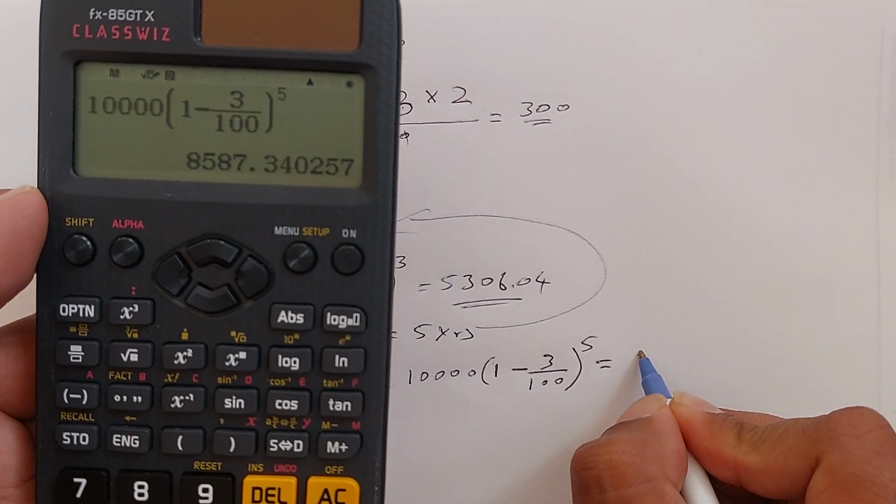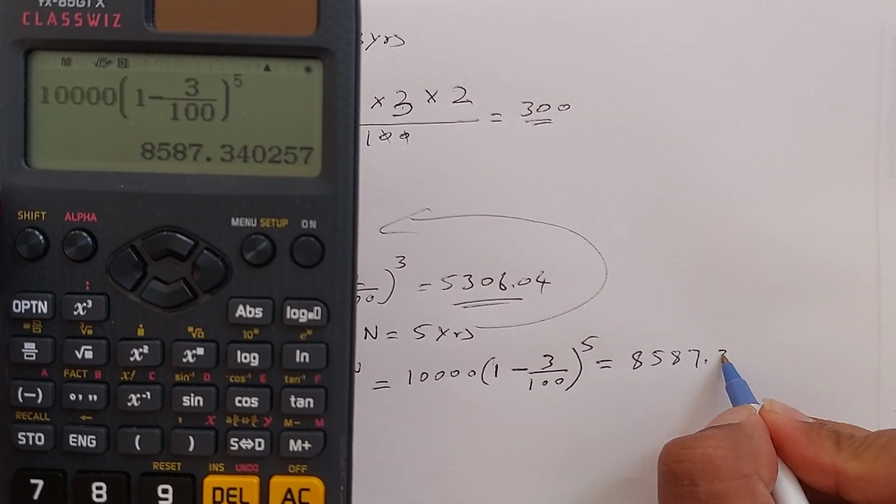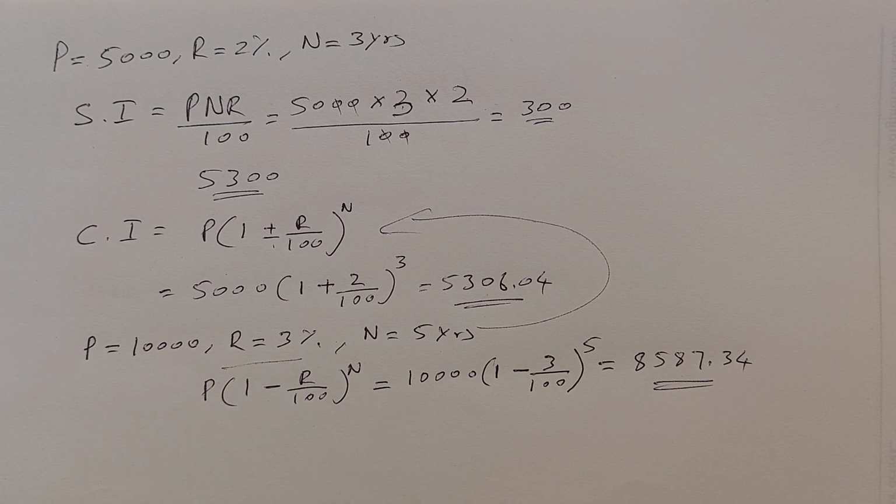So this is the depreciated value, the decreased value, 8587.34 pence. So with the same formula, we can calculate the increase or decrease, so basically the amount gone down. If you buy a car, vehicle, or anything like that, we use the depreciated value formula, going downwards.